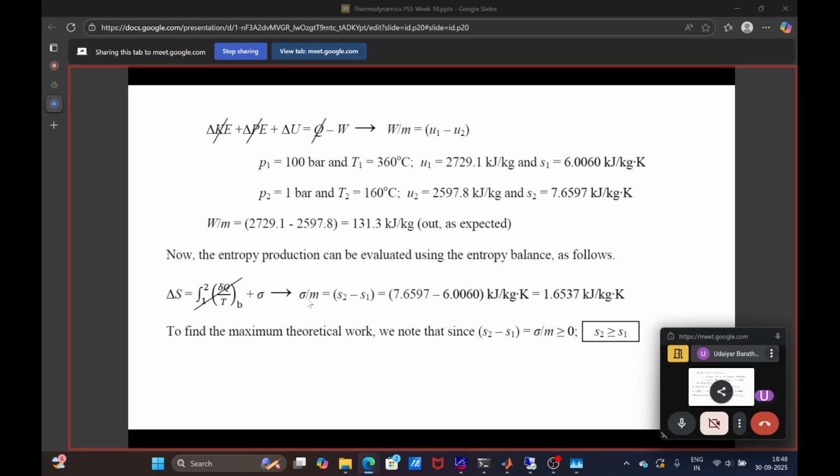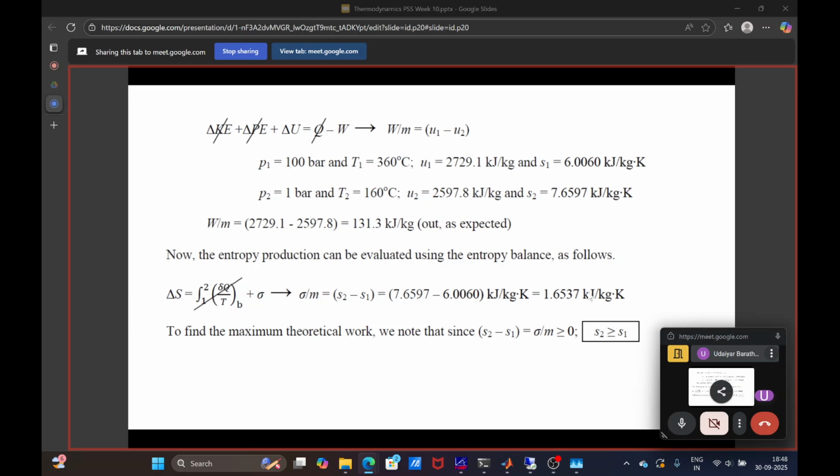So the entropy generated is S2 minus S1. We have found out the entropies at states 2 and 1. Substituting, we get the entropy change to be 1.6537 kilojoule per kg Kelvin.